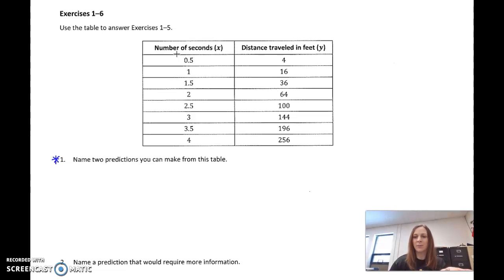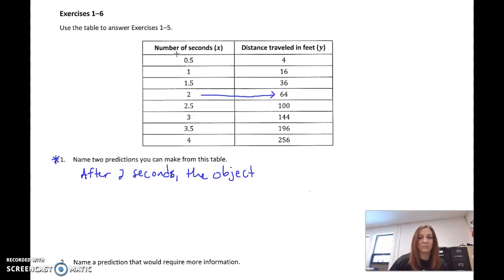What are we predicting? This is the information we're getting. Don't overthink it. Let's look right here. After 2 seconds, how far has the stone fallen? After 2 seconds, the object fell 64 feet, if we're still thinking of that video.